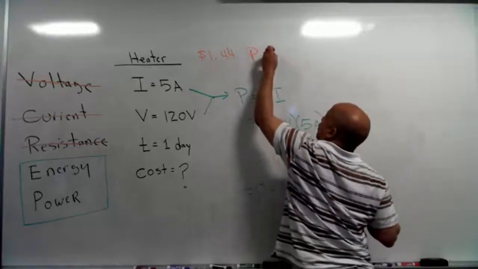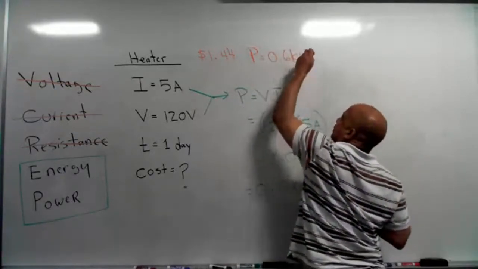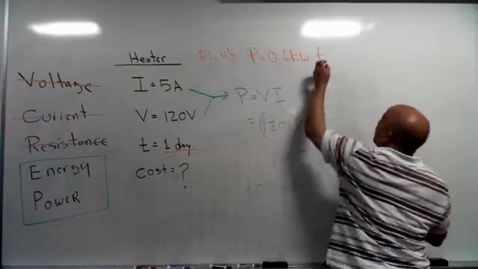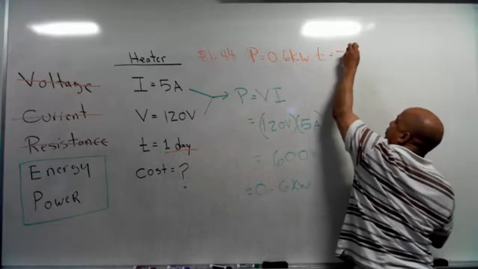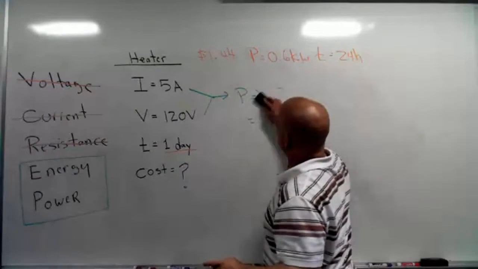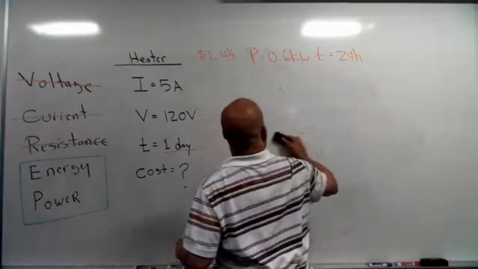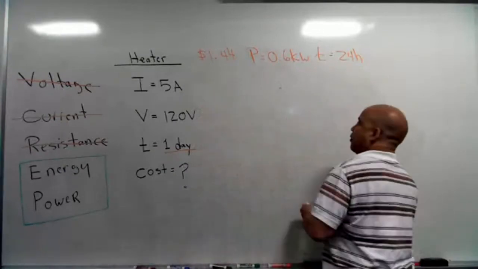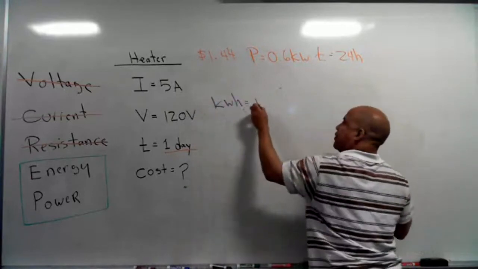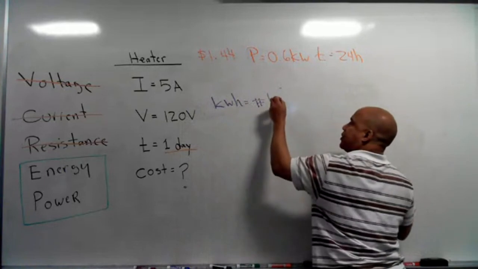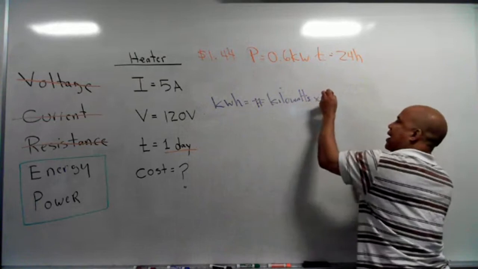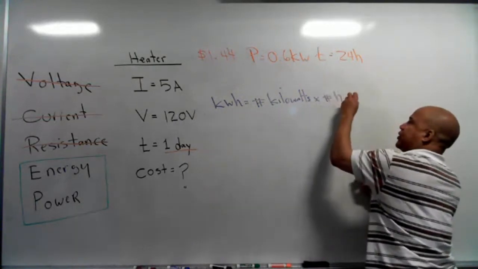So that's one thing that I will need. P equals 0.6 kilowatts. And my time, it says we're going to use this for 1 day. That's 24 hours. So now all I got to do is figure out my kilowatt hours. Well, kilowatt hours is just equal to the number of kilowatts times the number of hours we're going to use those kilowatts.